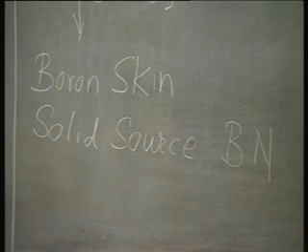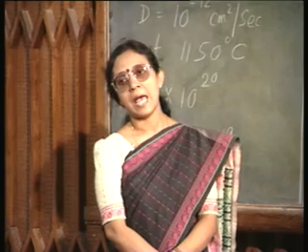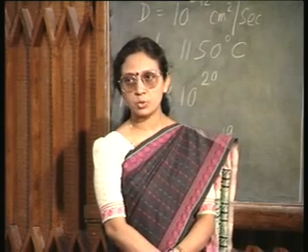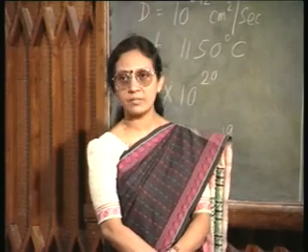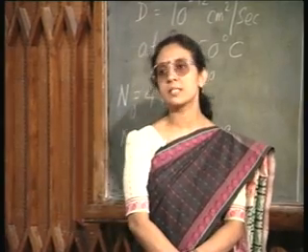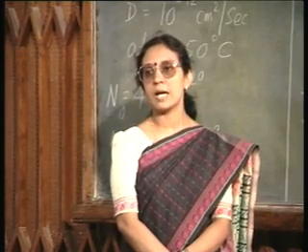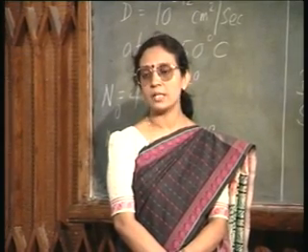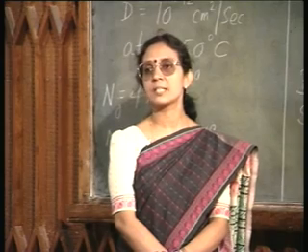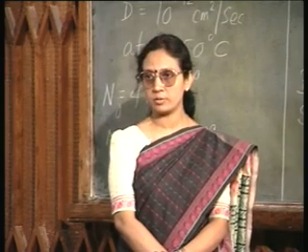This boron nitride is activated before the actual diffusion process. It is activated in an oxidizing ambient. So, what happens? This boron nitride reacts with oxygen and it forms a thin surface layer of B2O3.